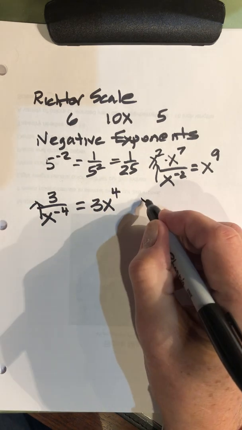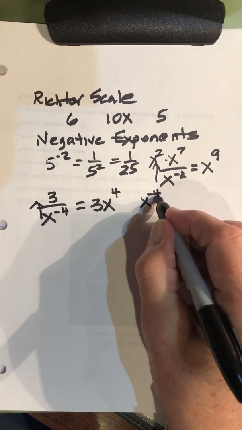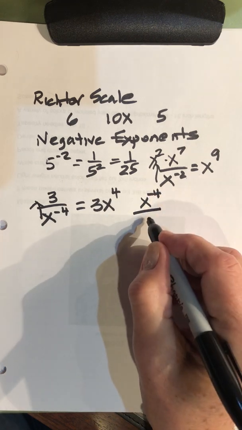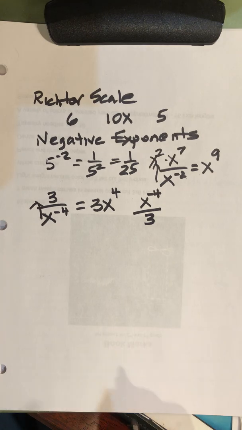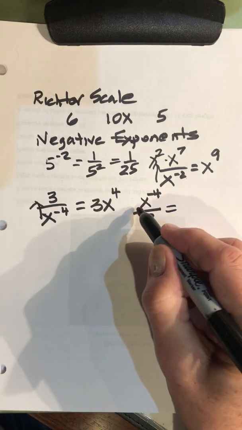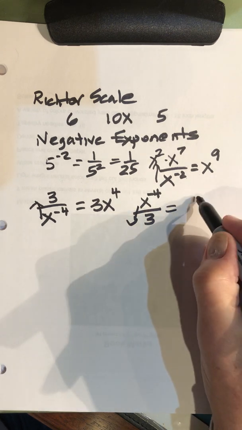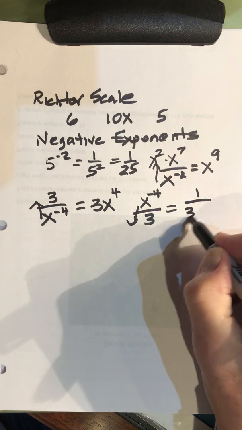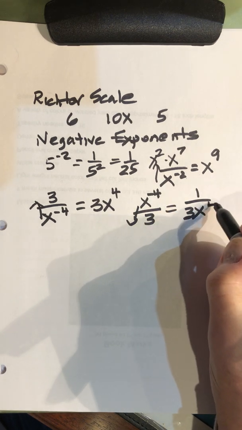What about x to the negative 4 over 3? Well, I've got to move this down, and this becomes 1 over 3x to the 4th.